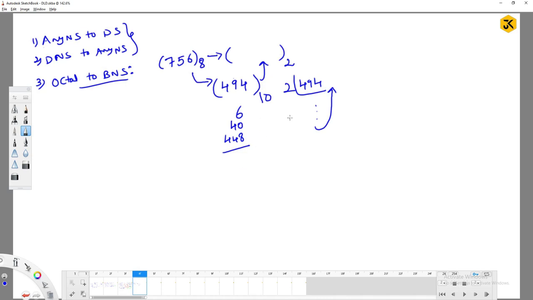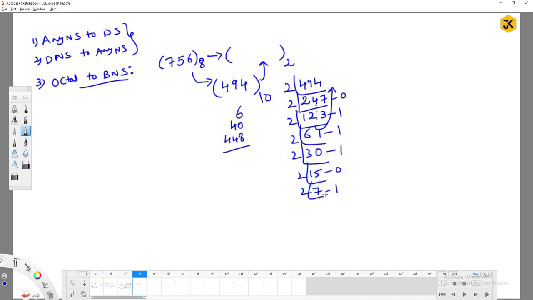So try to calculate. 2 2s are 4, 2 4s are 8, 2 7s are 14, remainder 0, and so on, with the remainders 1, 1, 1, 0.